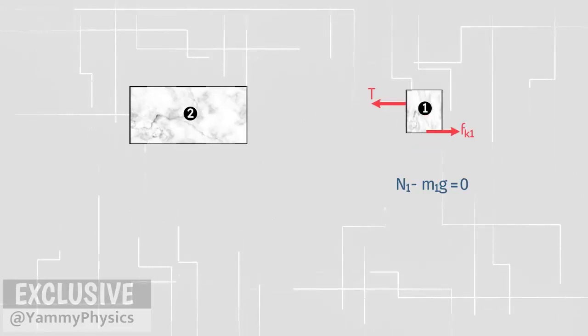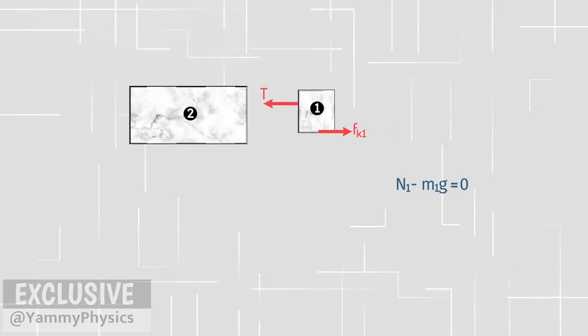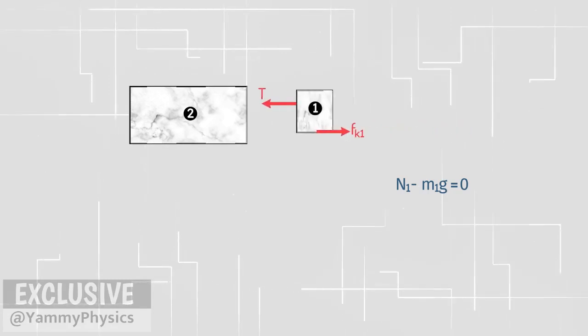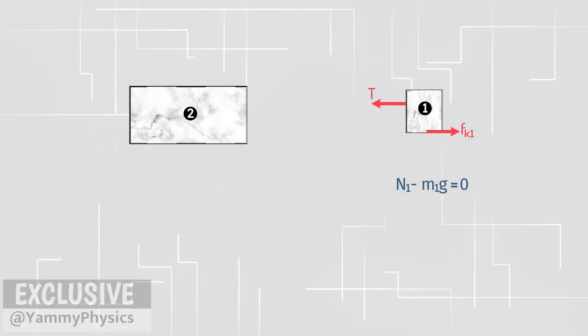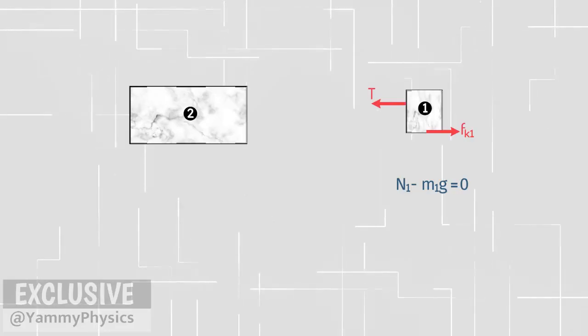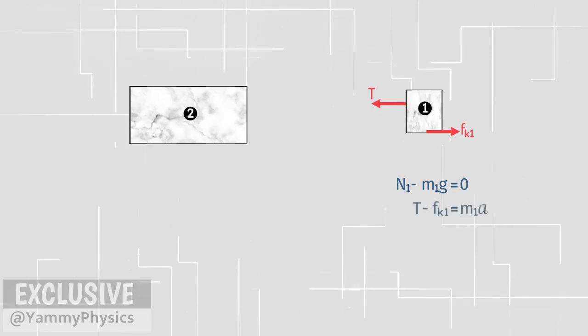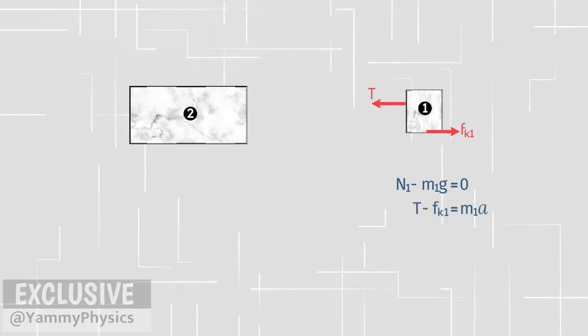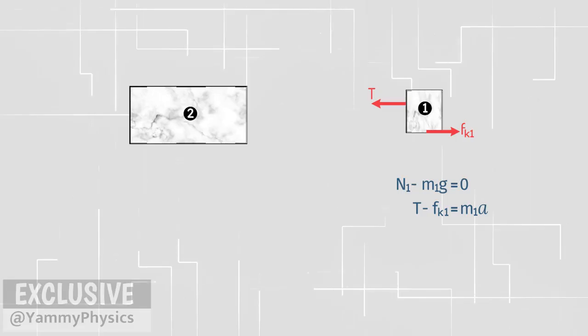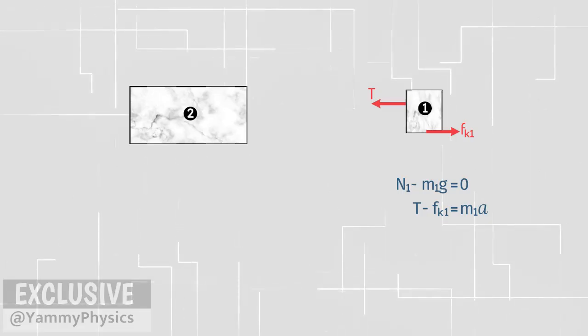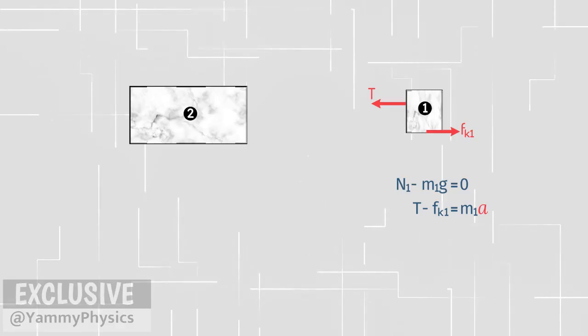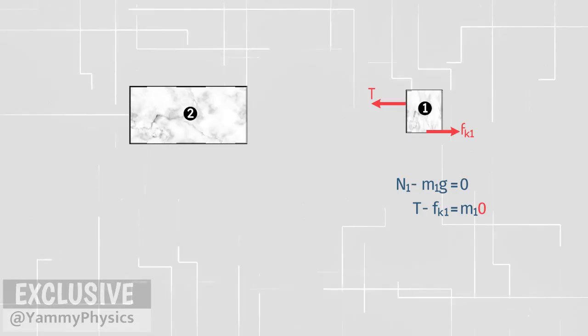For the horizontal direction, the block moves to the left, so the direction to the left is positive. In motion analysis, the direction that is in the same direction as the direction of motion has a positive sign. T minus Fk1 is equal to m1a. Since the question has mentioned that this system is moving at a constant speed, the acceleration value is 0.